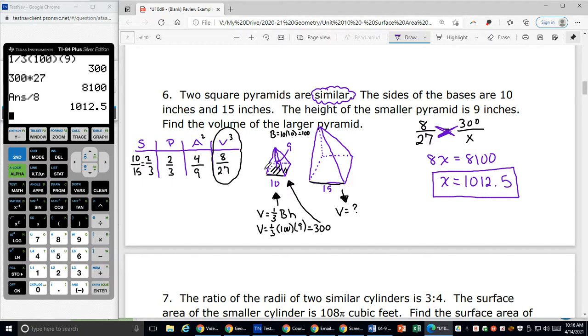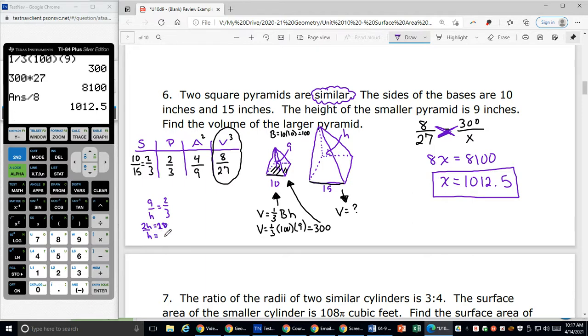Okay. Again, my other option would have been, I could have said, well, 9 to this height has to reduce to 2/3. So I could have done that. I could have done 9 to h equals 2/3 and cross multiplied. Oops, 9 times 3 is 27.